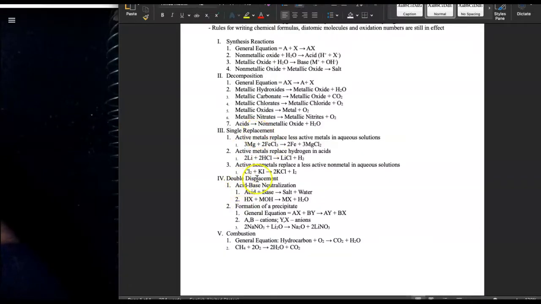Double displacement: if you start with two compounds, it's probably a double displacement reaction. And then combustion: if you have a hydrocarbon plus oxygen, that's going to be a combustion reaction. Your products will always be carbon dioxide and water for those combustion reactions.